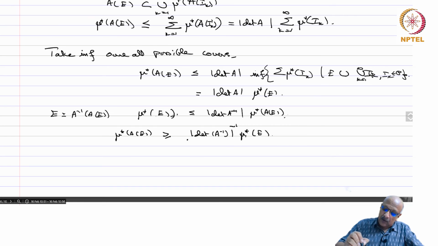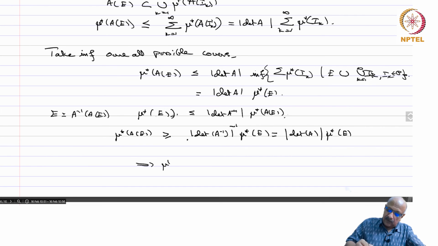Now we have mod determinant of A inverse to the power minus 1, which is equal to mod determinant of A. So I have now both inequalities, less than or equal to, greater or equal to, and therefore this implies that mu star of AE equals mod determinant of A mu star of E.